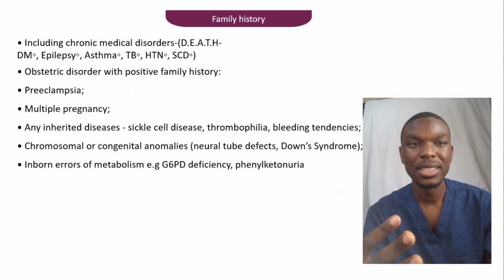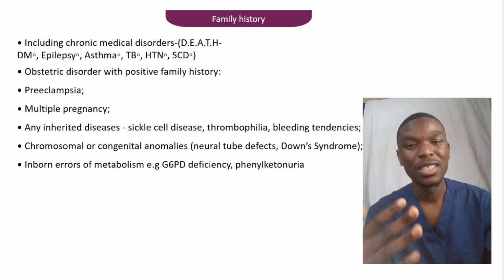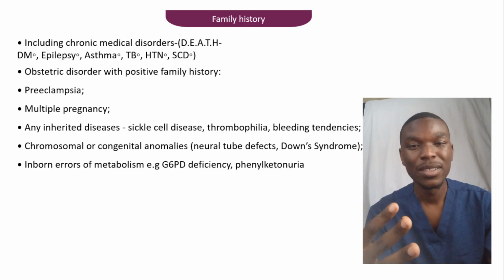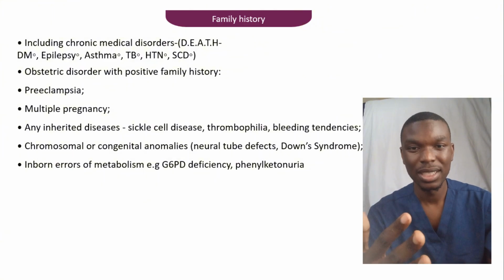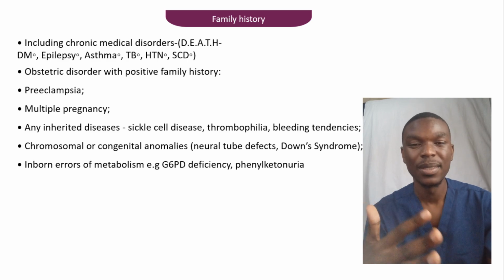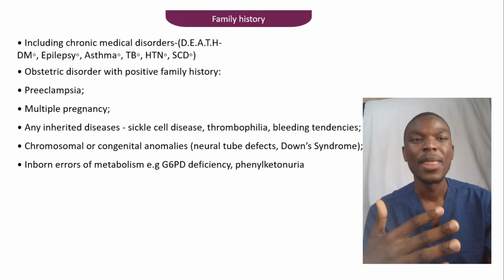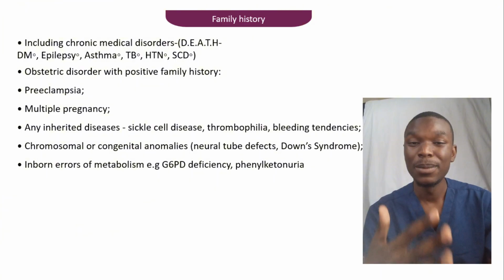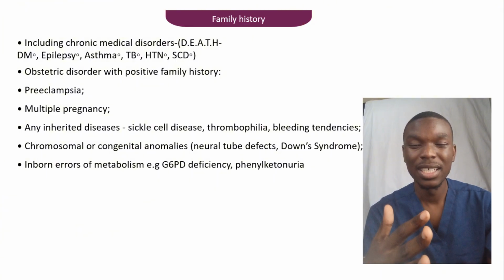Then we move on to family history. You ask about chronic medical conditions: diabetes, epilepsy, asthma, hypertension. Then you also ask about family history of obstetric disorders. There are some families that seem to have complications during childbirth.